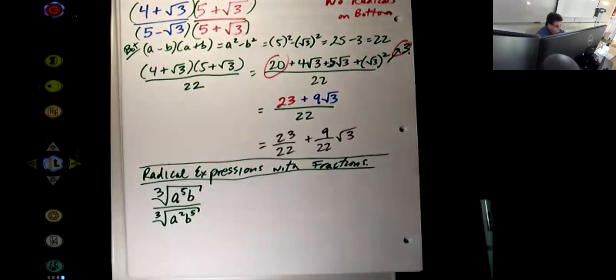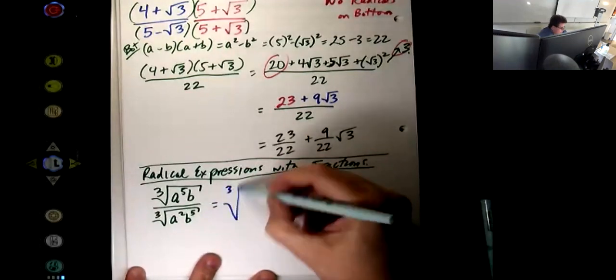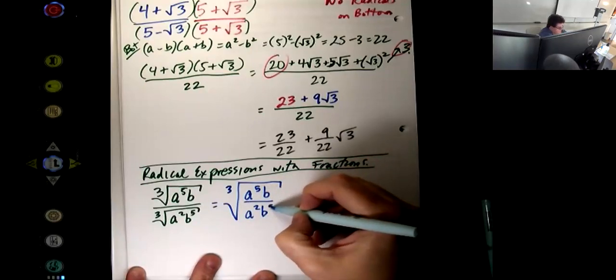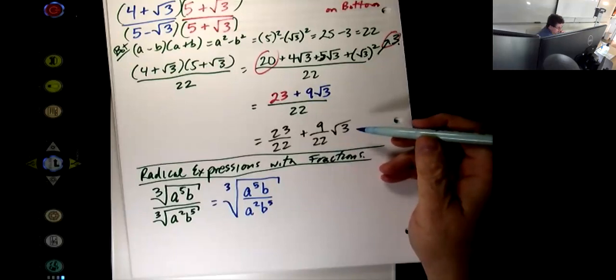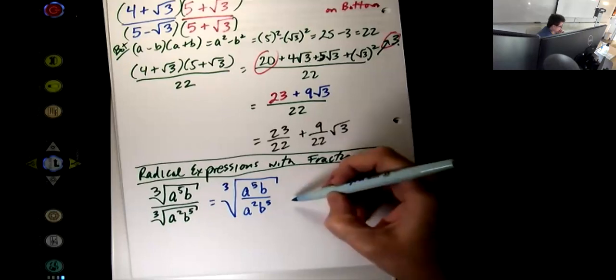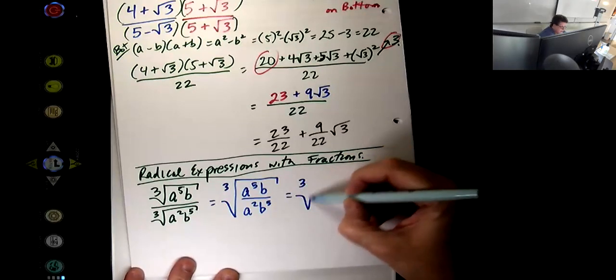This is a radical expression with fractions. This is easier to work with if you make it one big radical. Then simplify what you can before dealing with the radical.